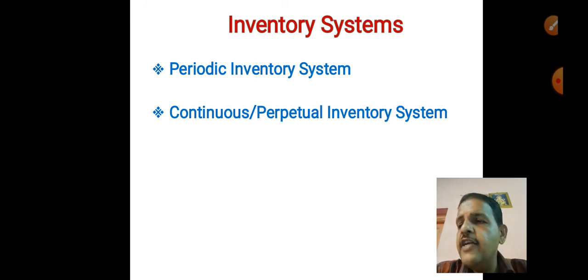On the other hand, in the continuous or perpetual system, it is held throughout the year as a continuous process, permanent stock taking employees are required, there is an element of surprise, and there is no effect on normal working because it is daily work. It is costlier, and discrepancies, if any, are reported throughout the year whenever there is a difference.